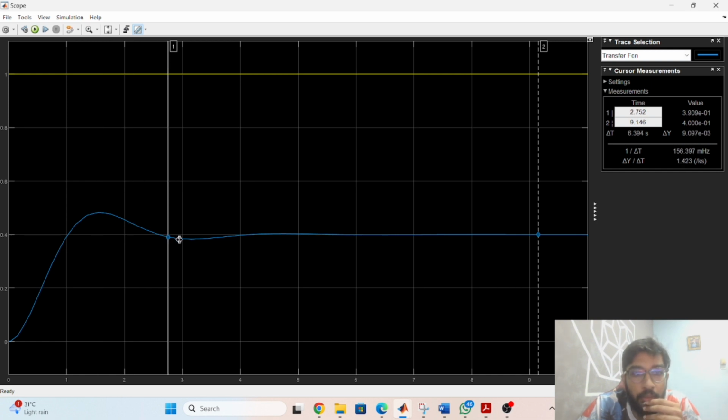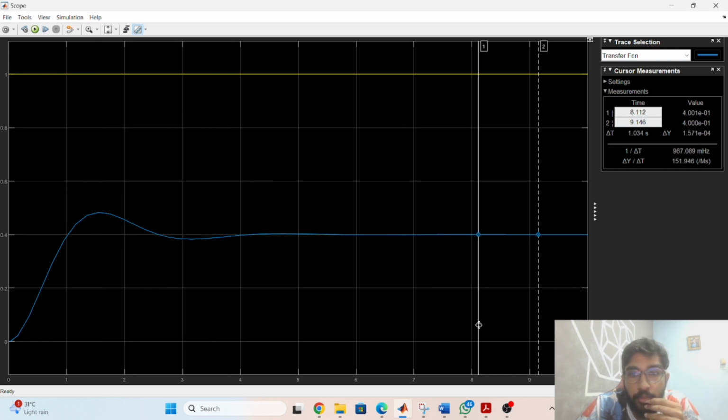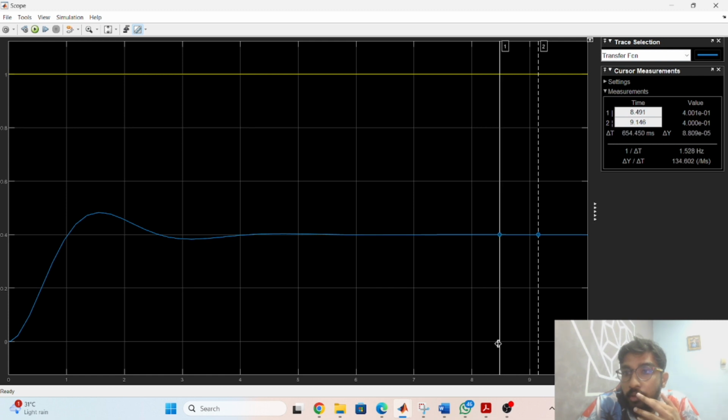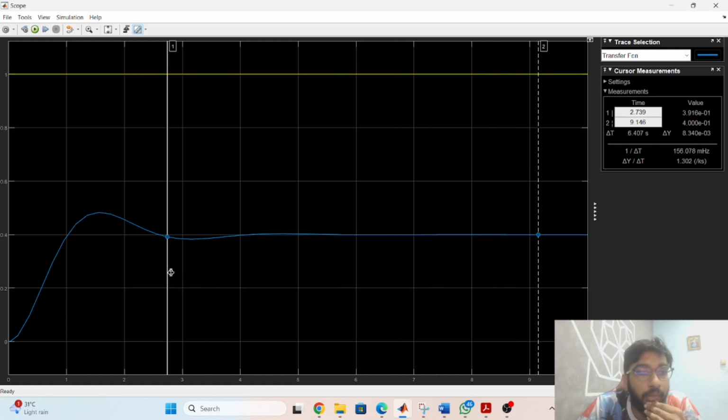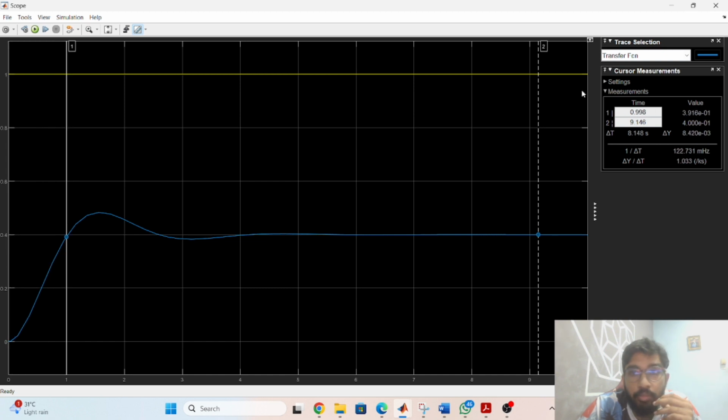Then the final value is for correctly 0.4 seconds. And then the settling time, everything here. It's already take a picture and then post it there in the report so we can see it more clearly.